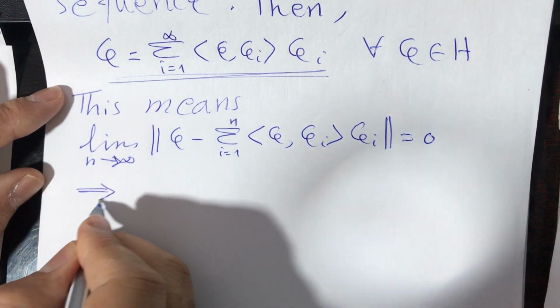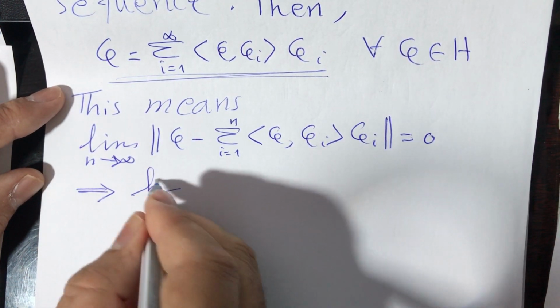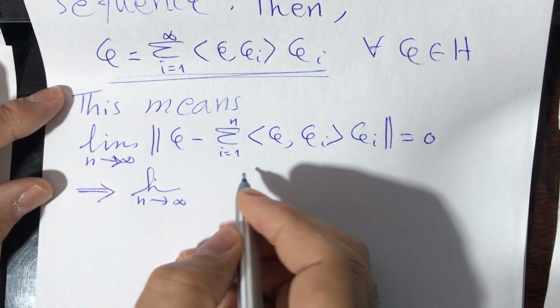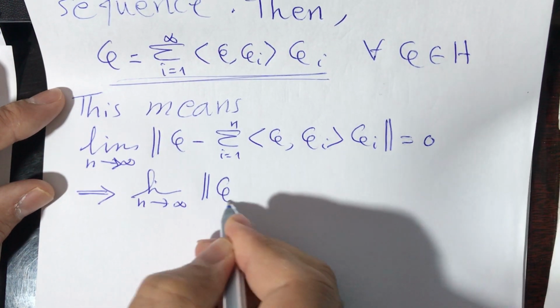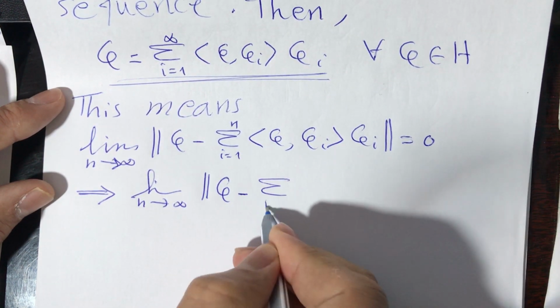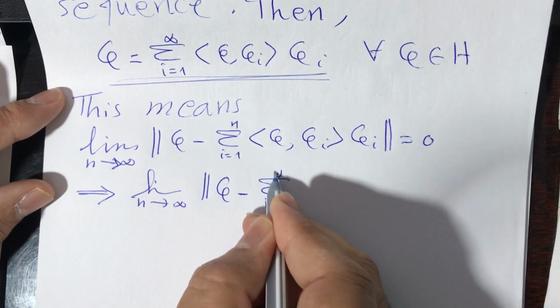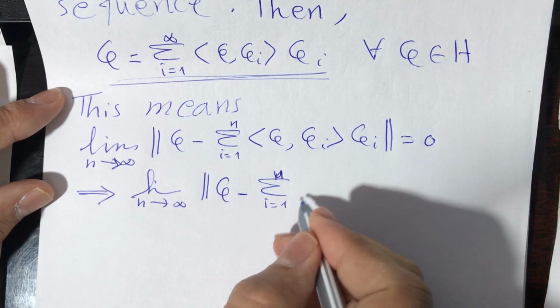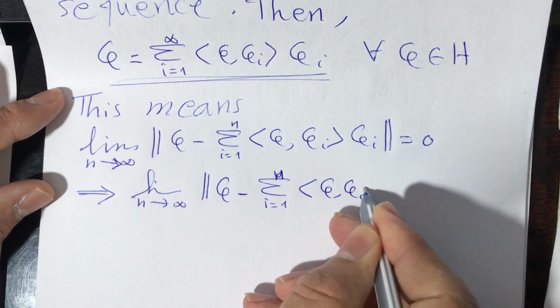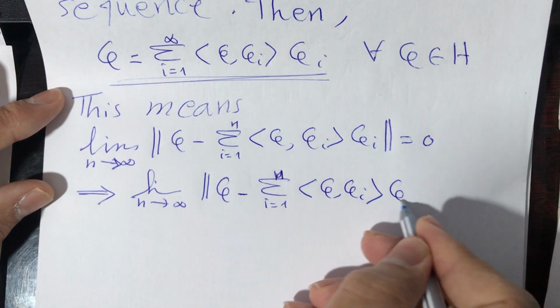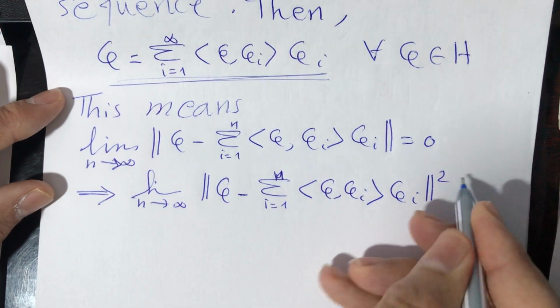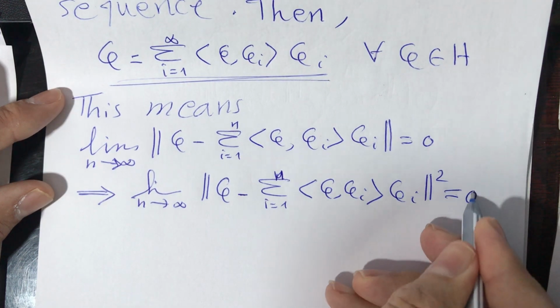This implies the limit as n goes to infinity of the norm of phi minus the summation, squared, is equal to 0.